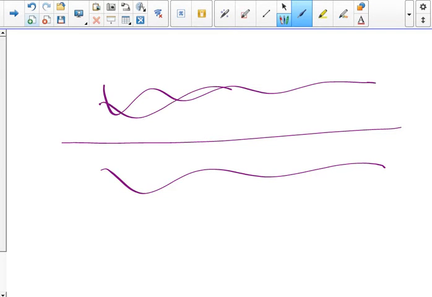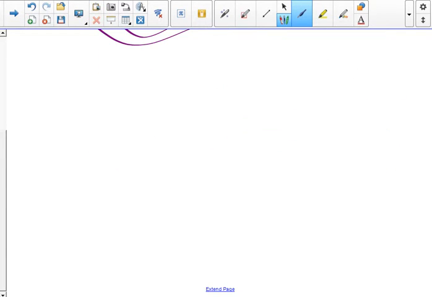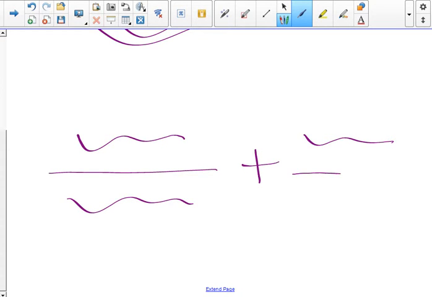But rational expressions, we're going to have stuff on top and bottom, numerator and denominator.